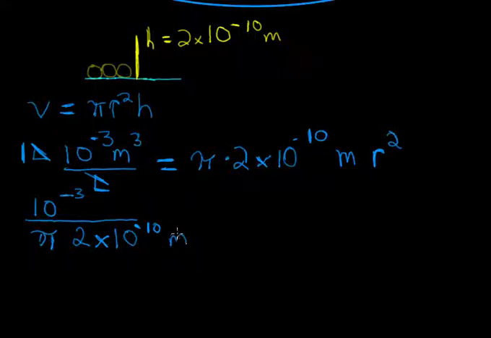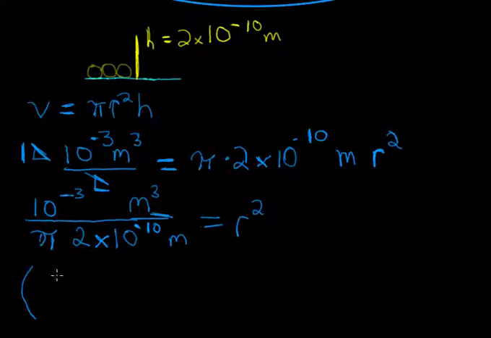Meters, and this was meters cubed up here. So I'm going to get something in terms of r squared. So I take the square root of both sides, and while I'm doing this, I will use my rules of exponents.